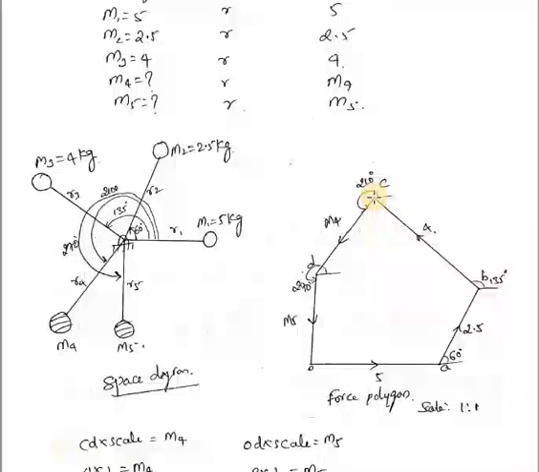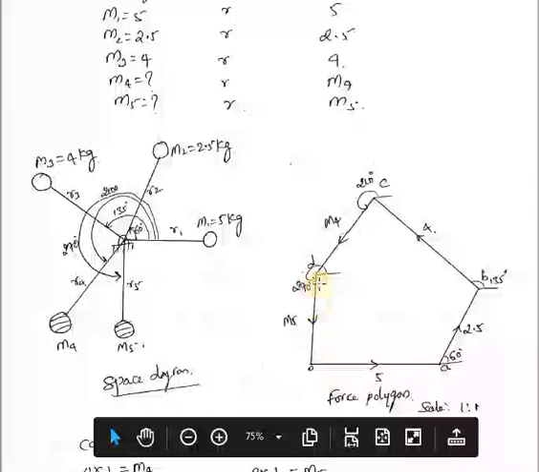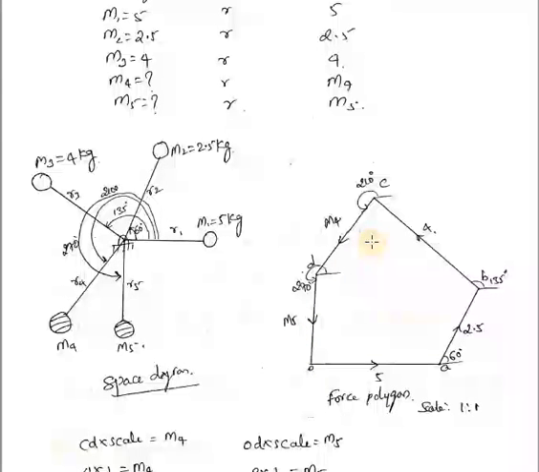After that we don't know the force magnitude with respect to M4 and M5, but we know the angular positions for M4 and M5. So first, by taking this C as the reference point, keep your protractor along this line like this.